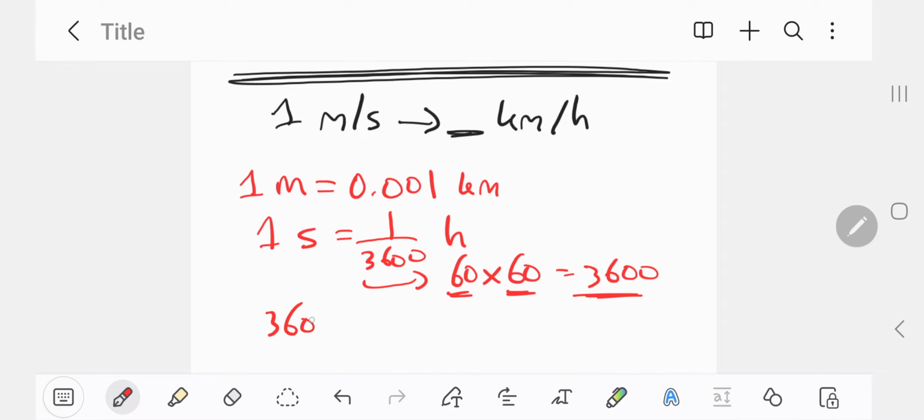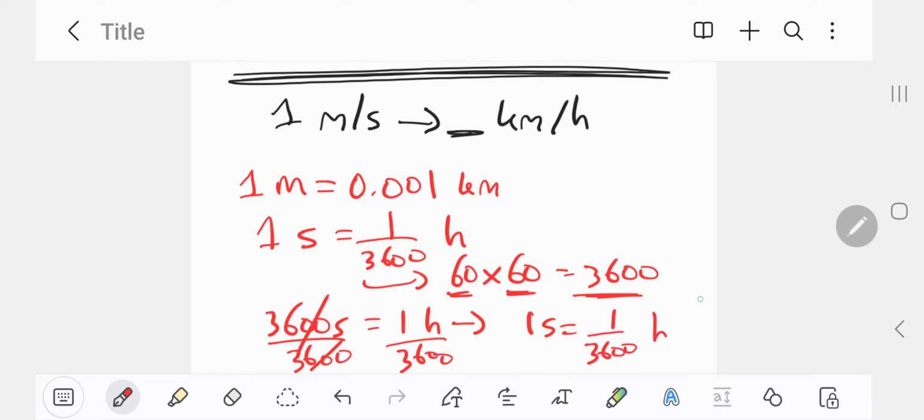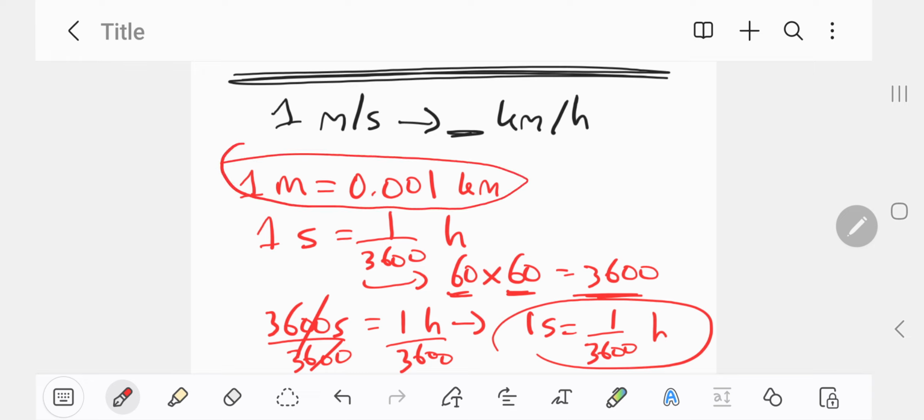So 3,600 seconds is 1 hour. But to get 1 second, you divide both sides by 3,600. Just maths, that cancels out. So 1 second is 1 over 3,600 hours. So let's use these facts. 1 meter is this many kilometers, and 1 second is that many hours.